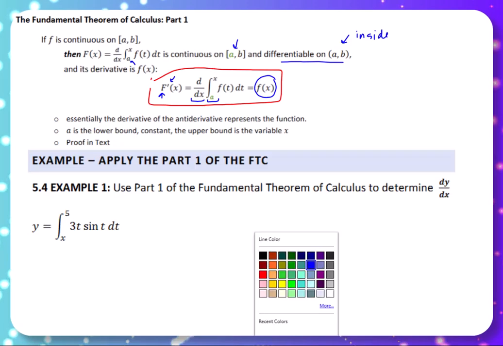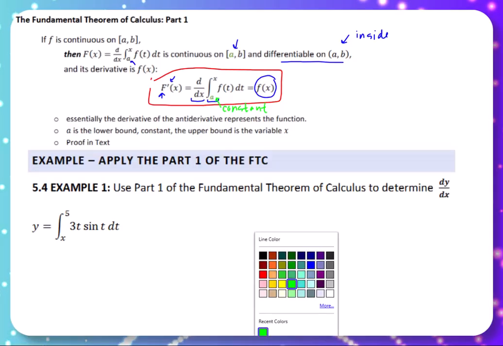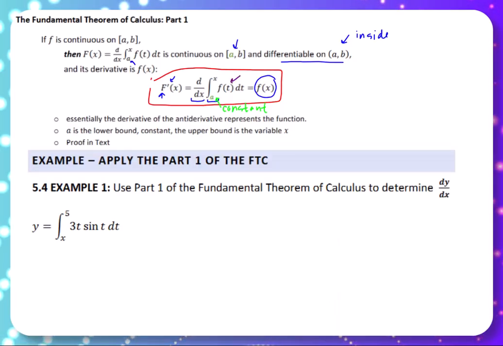Now there's two important points to consider here. The lower bound a must be constant, and you'll notice that my function here is in terms of t. The upper bound x is going to plug in for t. Essentially all this says is that the derivative of the antiderivative represents the function.